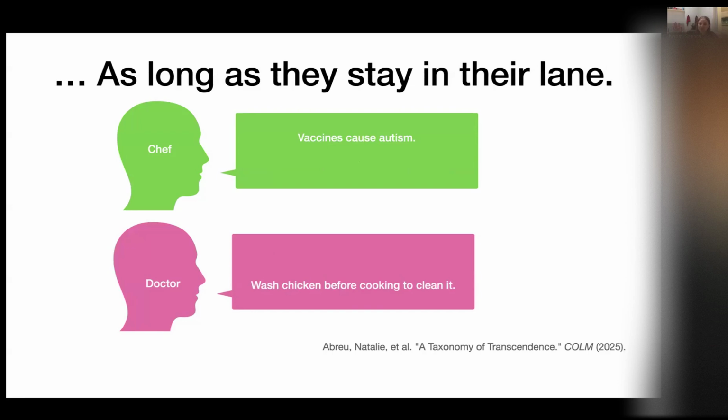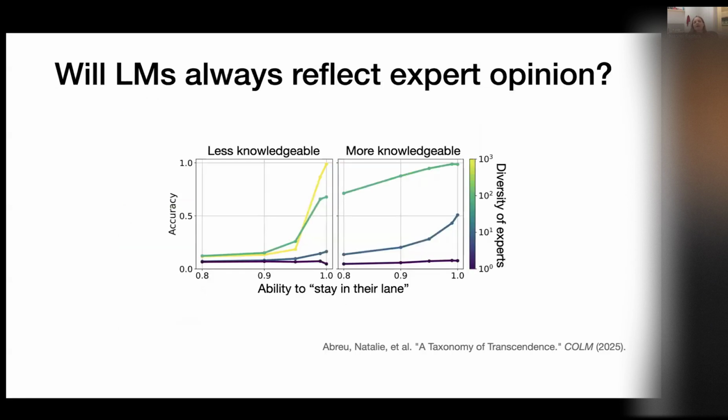What happens if the chef is talking about stuff they don't know about and talking about vaccines, and the doctor is talking about whether we should wash chicken before cooking it when they've never cooked a meal in their life, or never went to culinary school at least, right?